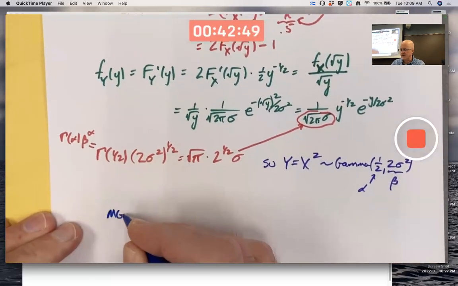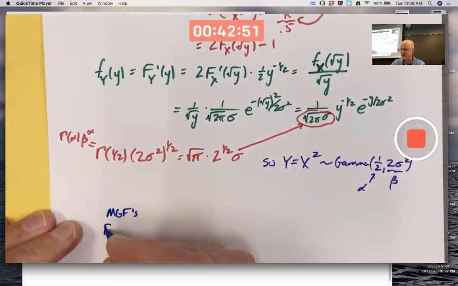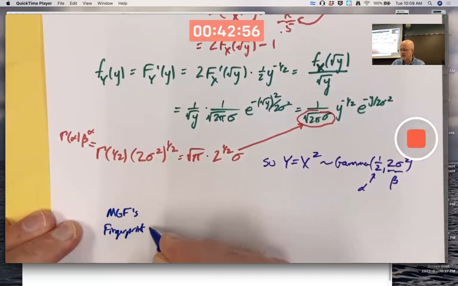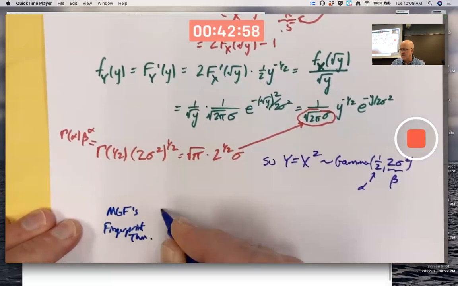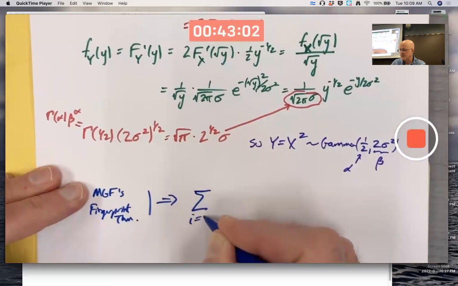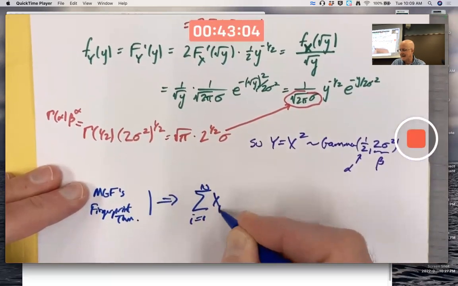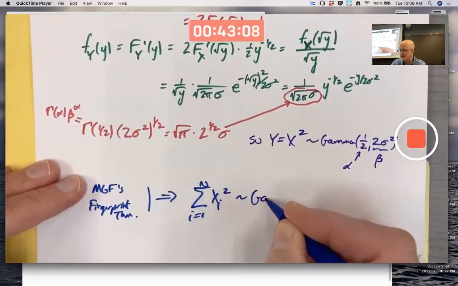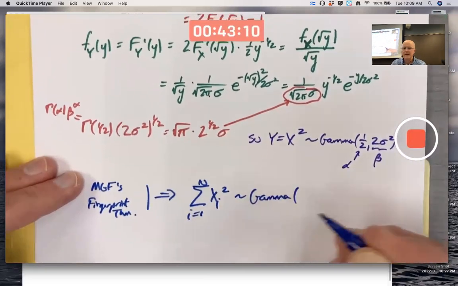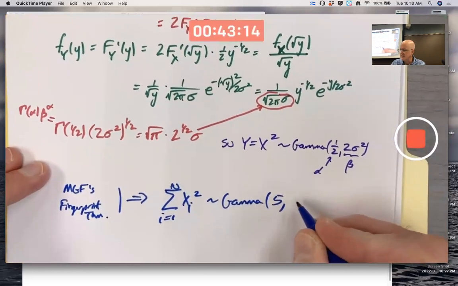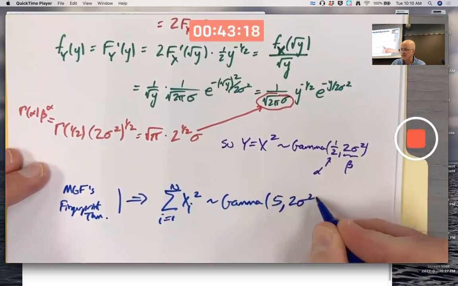Moment generating functions and the fingerprint theorem ultimately imply that this statistic, the sum from i equals 1 to 10 of Xi squared, I'm making it a capital X now, is gamma, 10 times 1/2 is 5, and the beta stays the same, 2 sigma squared.